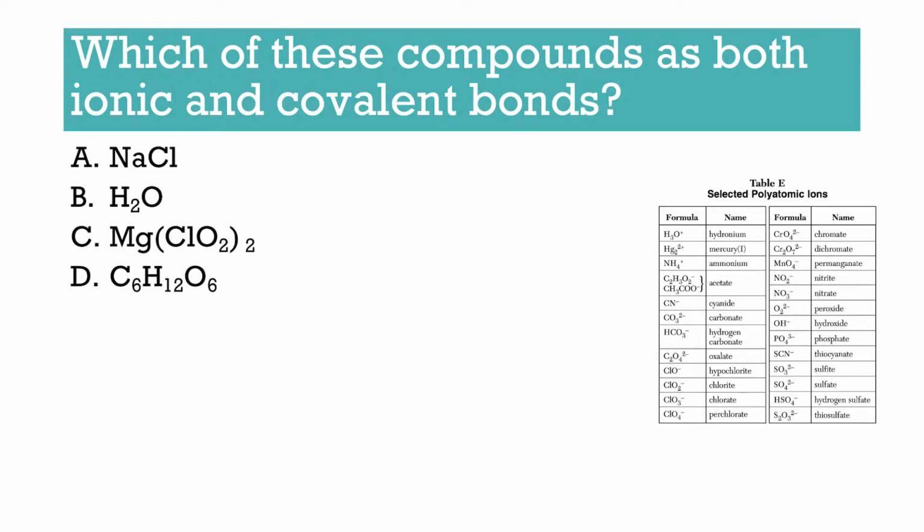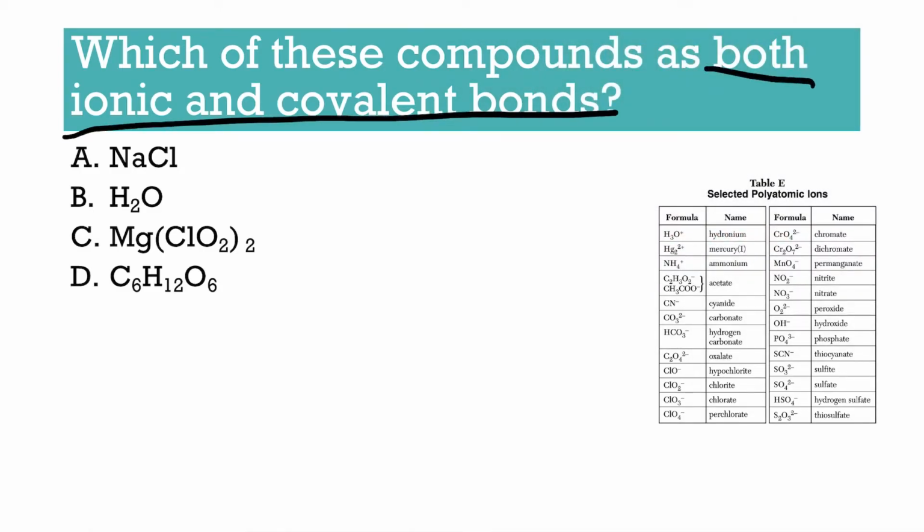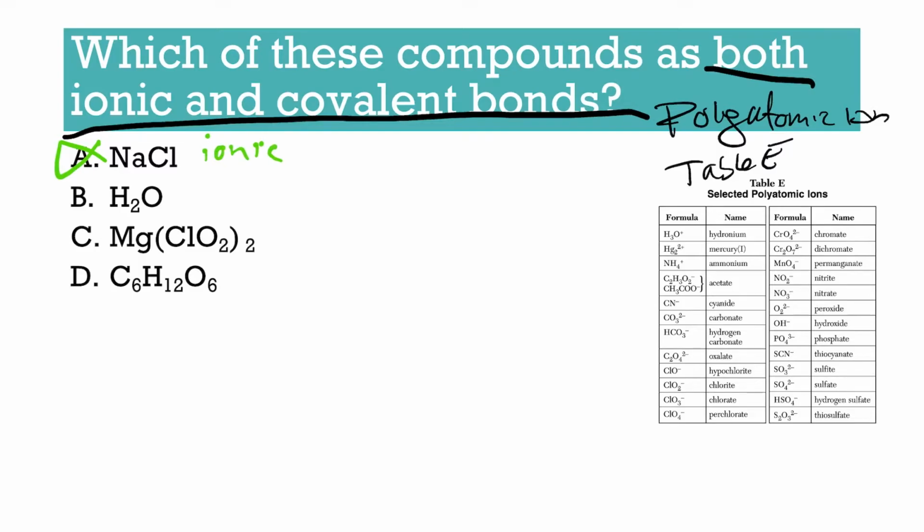So here's one of the questions I had mentioned briefly before. Which one of these compounds has both ionic and covalent bonds? So whenever you see both ionic and covalent, you should think, oh, it's a polyatomic ion. We got to think Table E. So in these compounds, you want to find a compound that has something on Table E. So here's an example. We know NaCl is ionic because it's a metal and a nonmetal only.